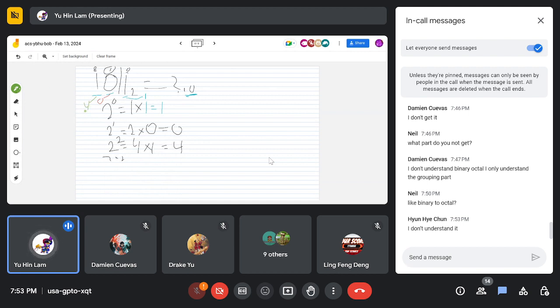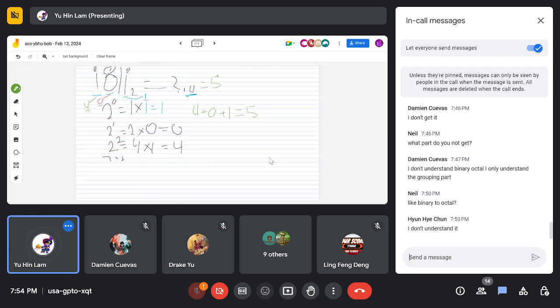So currently we know what number each digit gives us, and we have saved them all here. To find our final decimal number, we just add them all together. This is not 2, this is 1, and then this gives us 5.